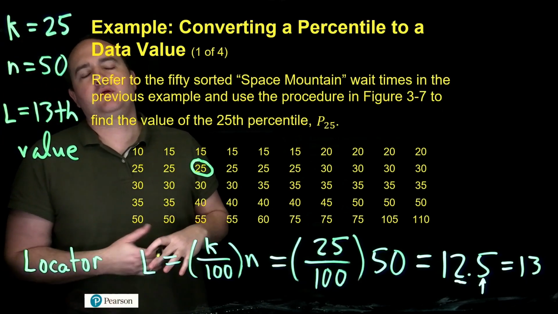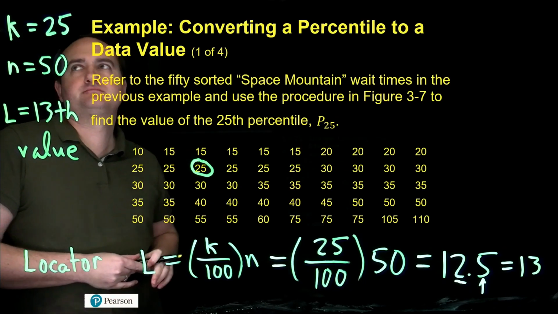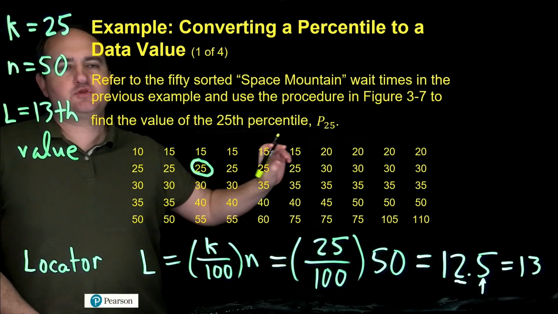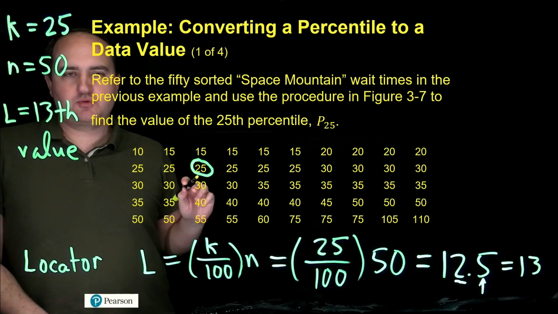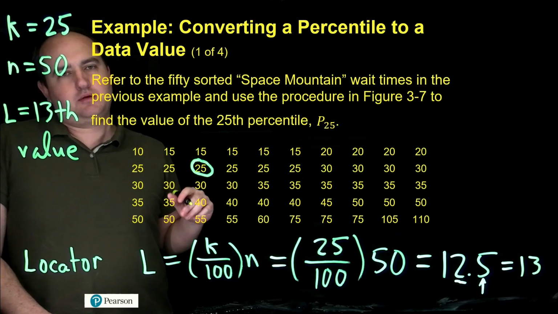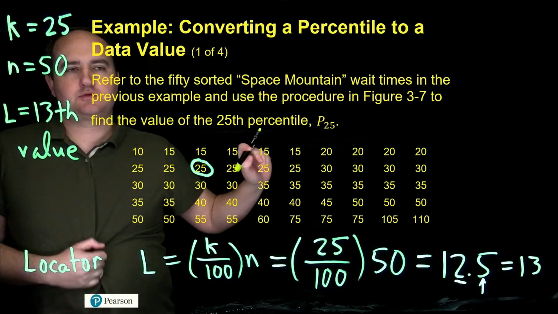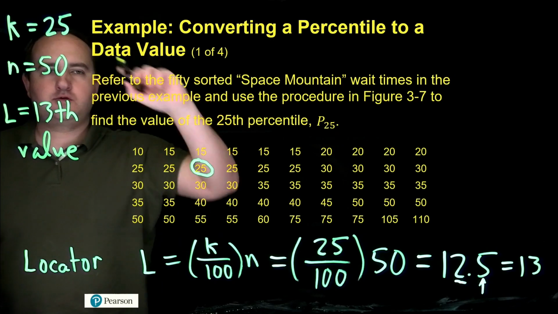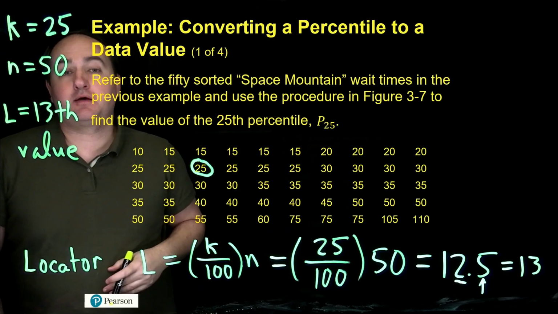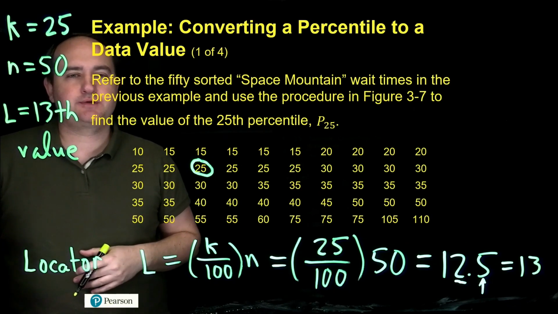It's just a coincidence that the 25th percentile here is 25. That's not usually going to be the case, so don't assume that you can just use the number k that you had for your percentile to get the actual data value.